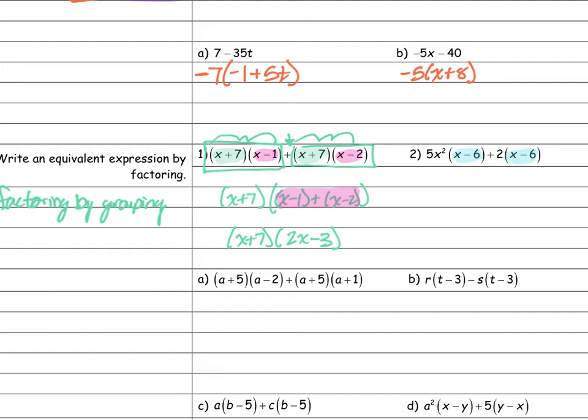So I'm going to factor out my like term, which is x minus 6. If I take out x minus 6 from my first term, what do I have left? 5x squared. And if I take it out of my second term, what do I have left? 2. So it'd be x minus 6 times 5x squared plus 2.